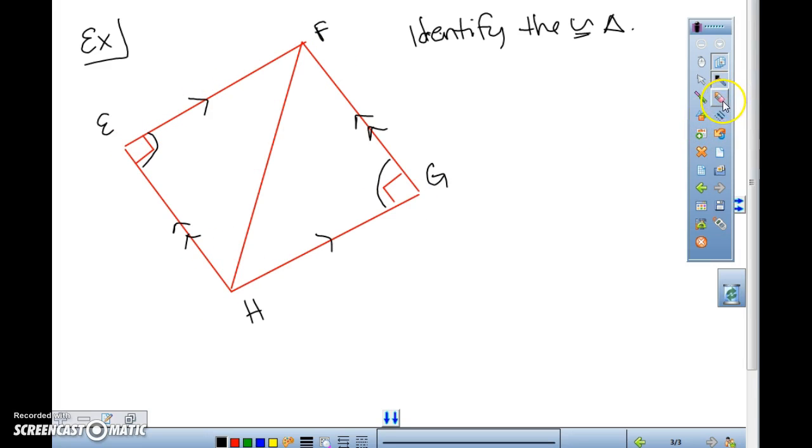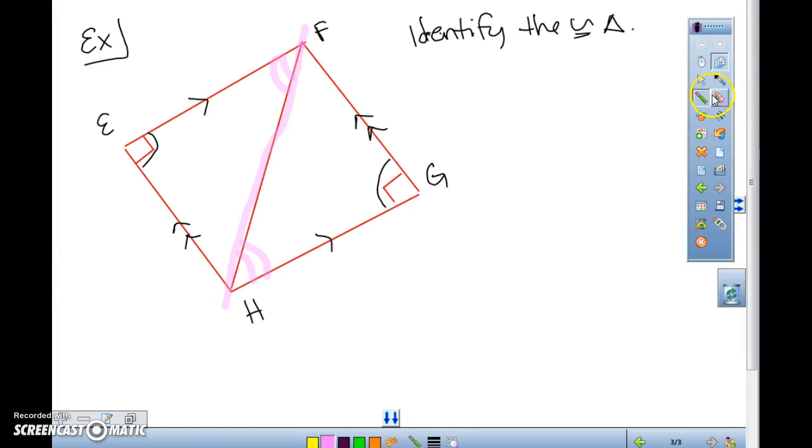And we're going to let that diagonal sort of act as a transversal here. What would we know about these two angles? Why are they congruent? Yeah, they're alternate interior angles of a transversal.